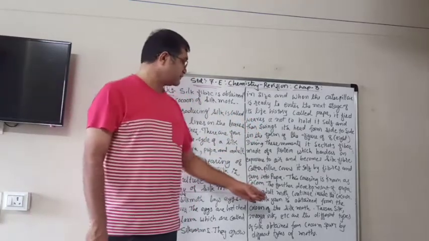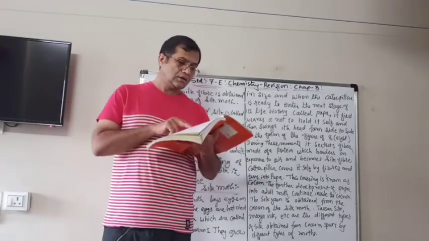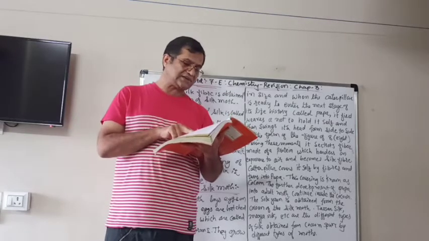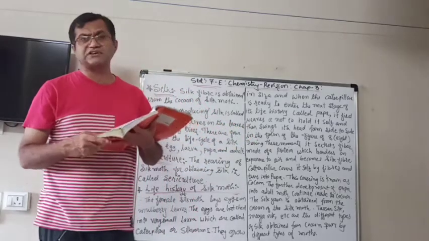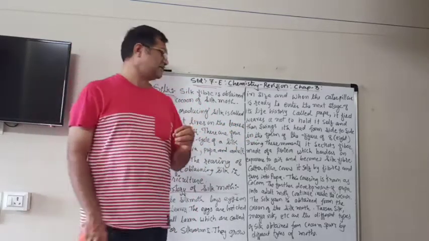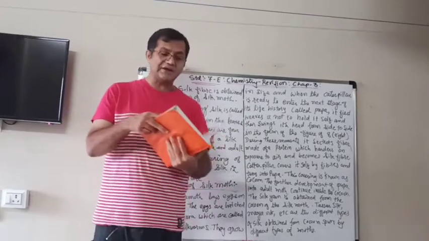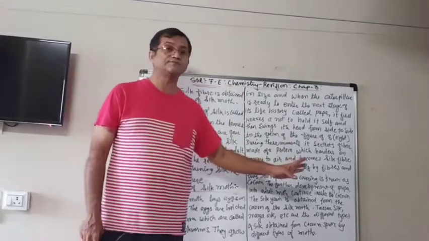And the different types of silk are known as tussar silk, muga silk, kosa silk, etc. So it depends on the different textures because of the different types of silk moth, and then we get the variety of different types of silk so obtained.